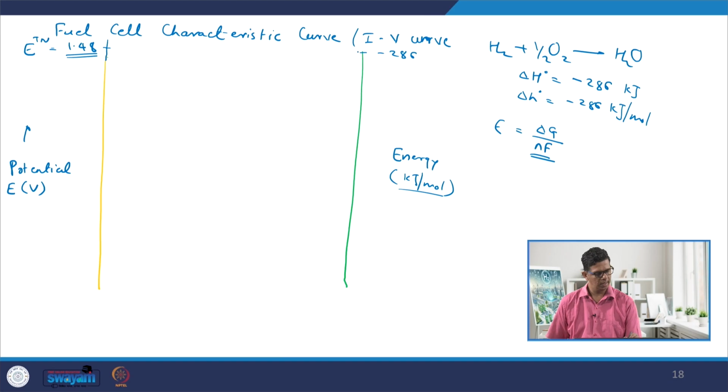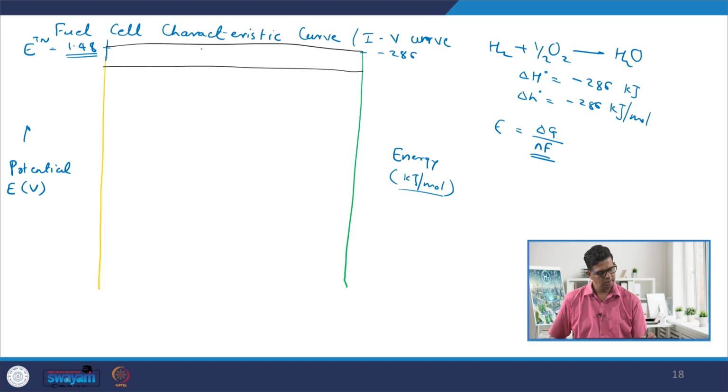So, this is my first step, draw a line. 286 corresponds to 1.48 volt, which is the thermoneutral potential. Then I have one slight drop here. This drop in the energy is due to the entropy loss.